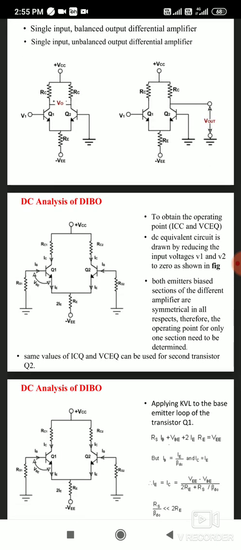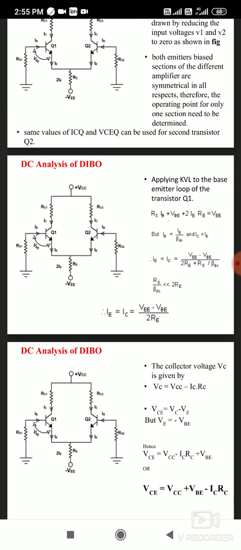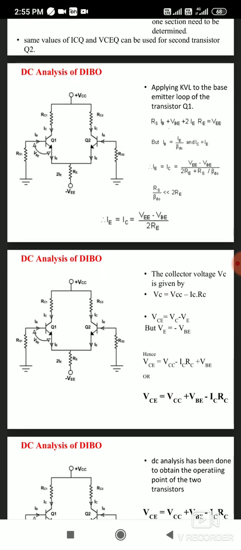So we have now seen two derivations in the DC analysis. In one derivation we obtained the collector current expression, and in the second derivation we obtained the collector to emitter voltage expression. These two are required to find the operating point of the amplifier, the operating point of the transistor.